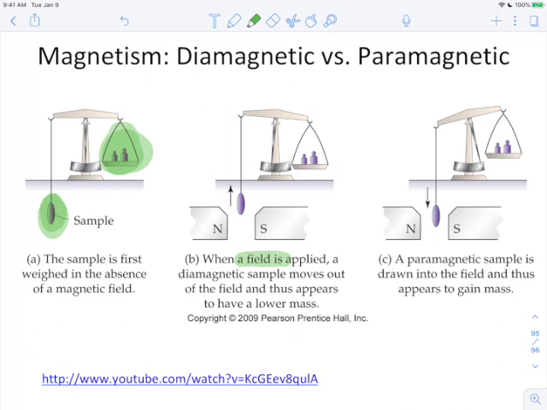And if you have a diamagnetic sample, it starts moving out of the field. So essentially, it looks like it is lighter. It appears to have a lower mass. And what the balance does is that it calculates how much magnetism it must have based on how much it moved when that field was on. Over here, if it's paramagnetic, it's actually drawn down into the magnet, and it seems like it's heavier.